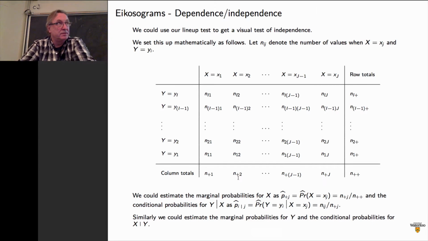Multiply those, and I'm just going to get n22 over n plus plus. So that's exactly as you would have guessed. That's how the probability is going to work, and those relate entirely to the Ikosogram. So everybody got that notation? That's all familiar, right? Good.